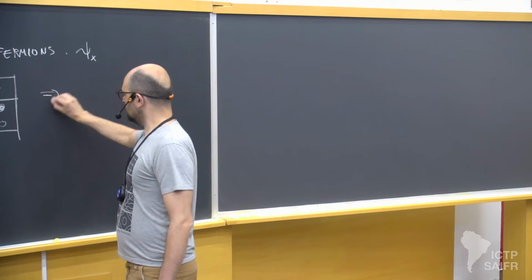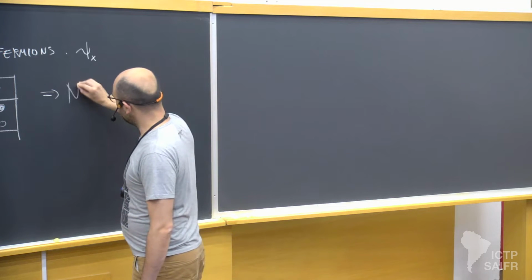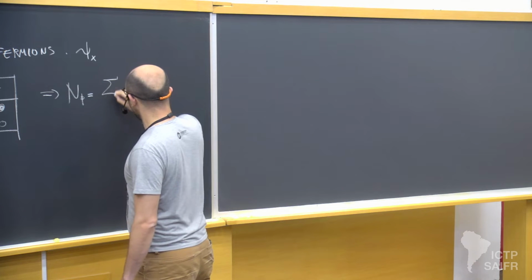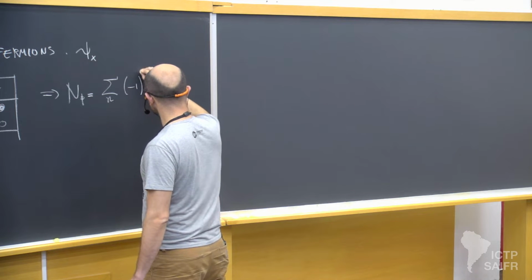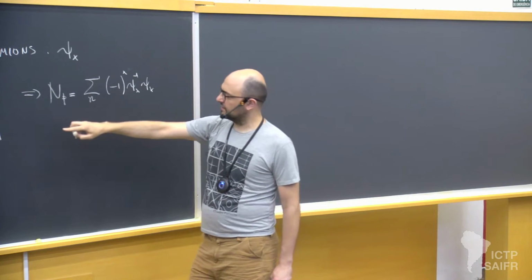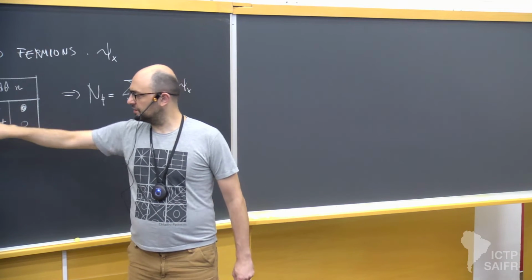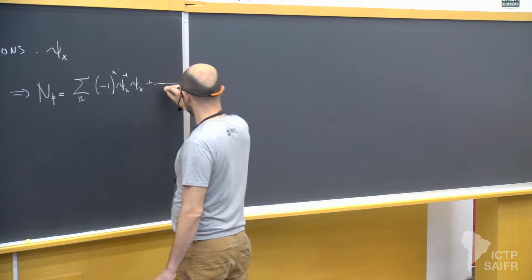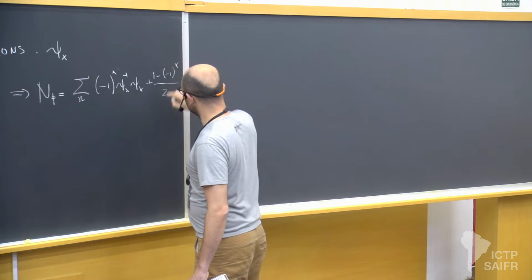Now, can we write down a corresponding number operator? Yes, of course. The number of particles is equal to the sum over all x of (-1)^x psi dagger x psi x. And this (-1)^x is due to the fact that having a full site does not always correspond to a particle. It depends on the parity. Plus a constant, which is (1 minus (-1)^x) divided by 2.